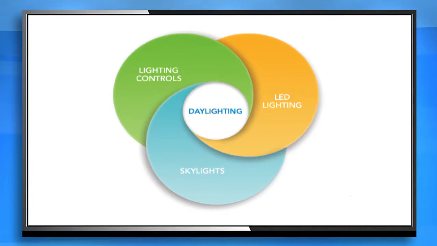And the way we can do that as Acuity Brands is through our daylighting product solutions. We have our Sunoptics skylights, we have our Acuity lighting controls, and then we have a portfolio of LED lighting. So we can bring all those together to work harmoniously so you get a much better proposition and a better outcome for the occupant, which is great.